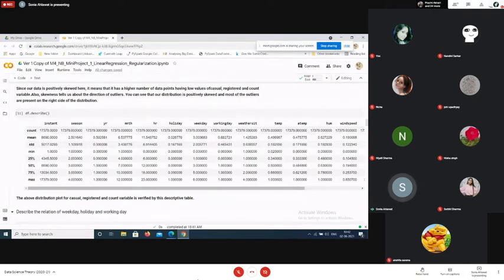So 17379 first row में देखो हर column के लिए same है. So it is actually giving you the total number of values in each column. ठीक है? Then it is the mean of that column. देखो instant के लिए, season के लिए, year के लिए, month के लिए, सबके लिए उसने mean निकाला है.